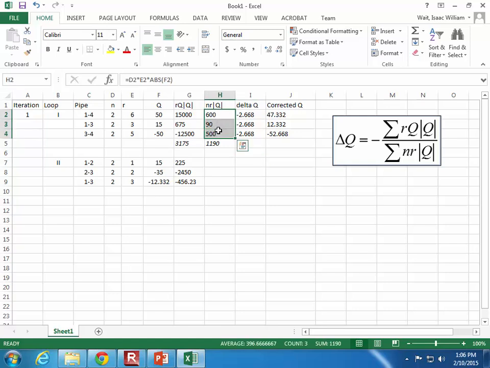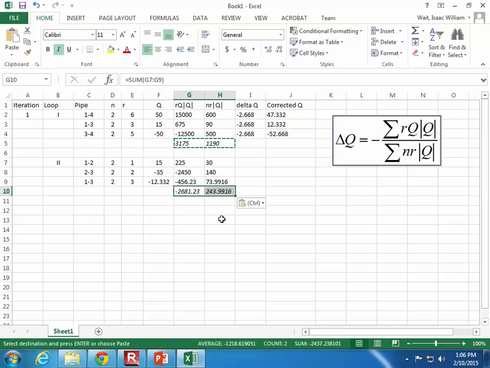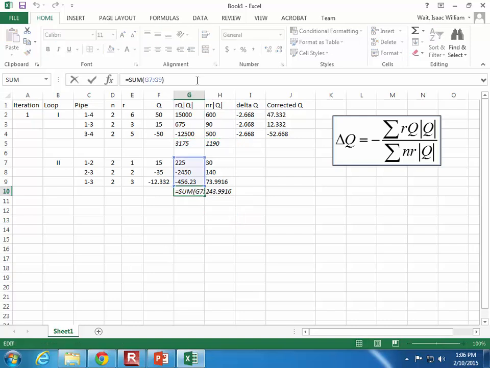Copy. And down here, paste. It's not pasting the numbers from above. What it's pasting is the formulas. Okay? And I could do the same thing here. Copy, which is Control-C. Control-V is paste. And it does the summing calculations that I need. All right?